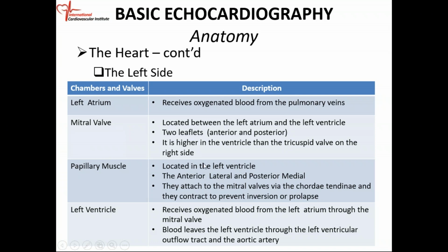They attach to the mitral valve via the chordae tendineae, and they contract to prevent eversion or prolapse of the valve. So the left ventricle receives oxygenated blood from the left atrium through the mitral valve, and then blood is going to leave the left ventricle through the left ventricular outflow tract into the aorta.